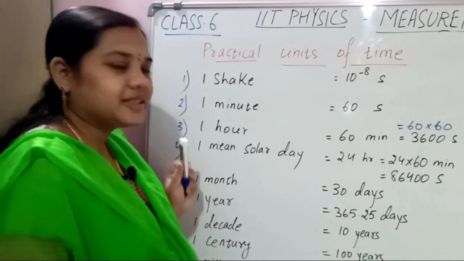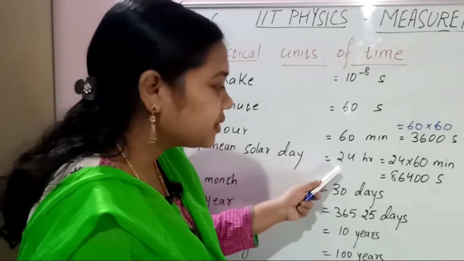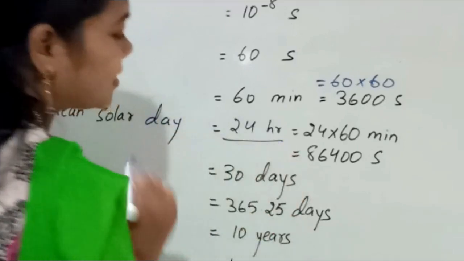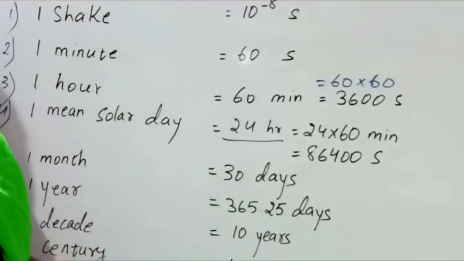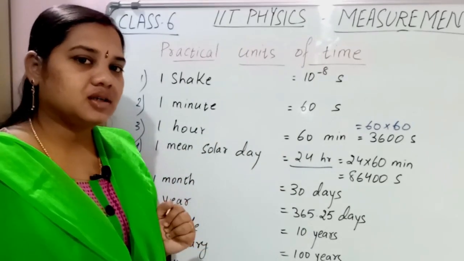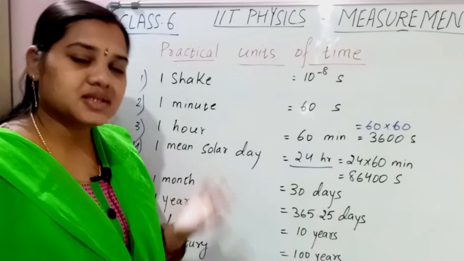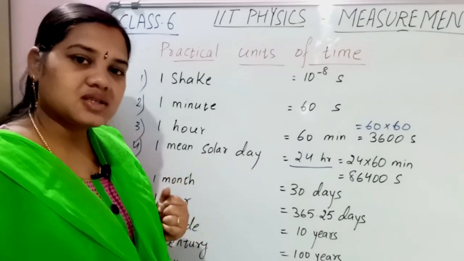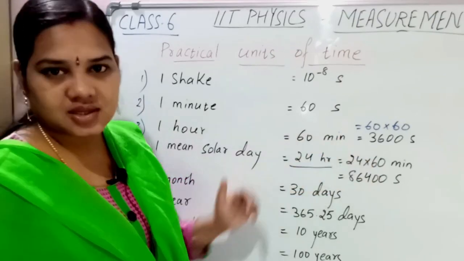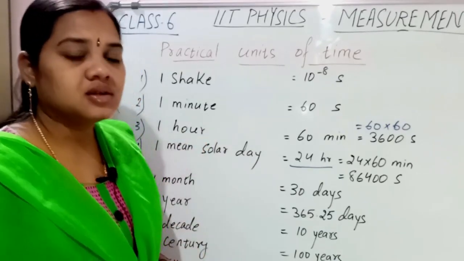Okay, so next is one mean solar day. One mean solar day is how much? 24 hours. So 24 hours is equal to how many minutes? 1 hour is equal to 60 minutes, so 24 hours is equal to 24 into 60 minutes. Then 24 hours equal to how many seconds?